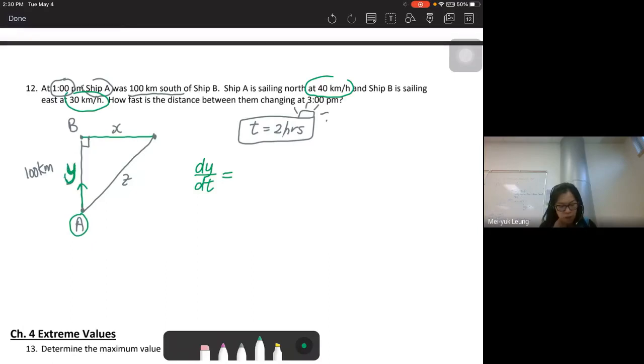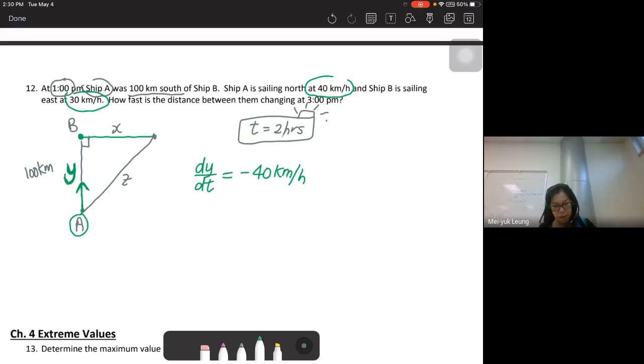This is very important. If y is the distance of ship A from ship B, like this point, then because ship A is traveling north, the y value is actually decreasing. So you have to be careful that dy/dt should be negative: 40 kilometers per hour.